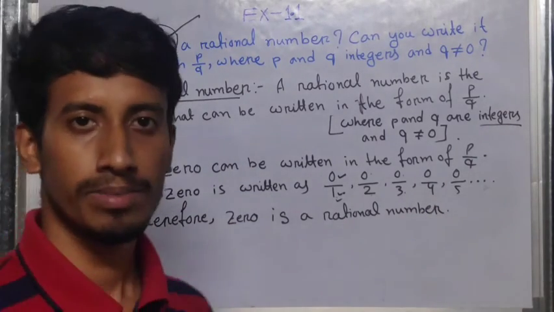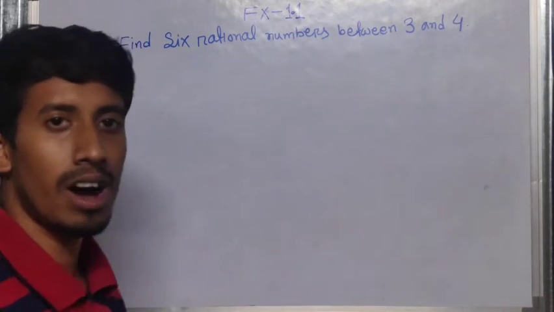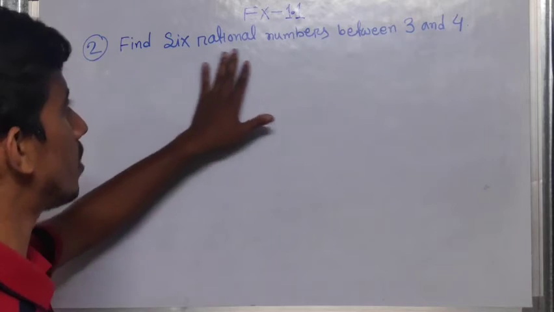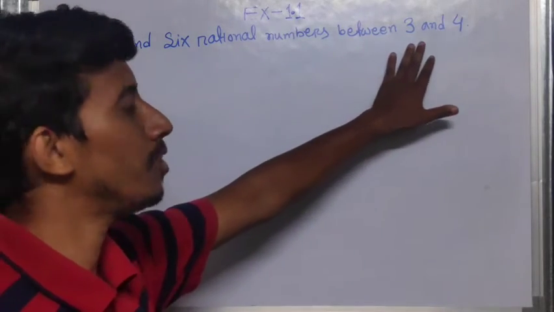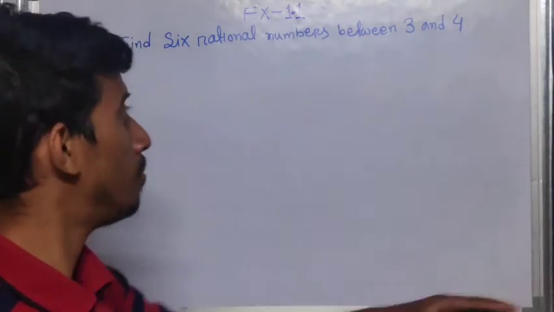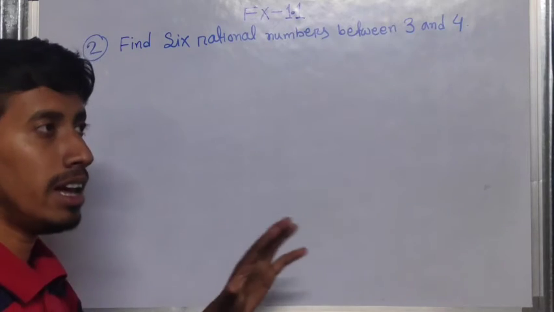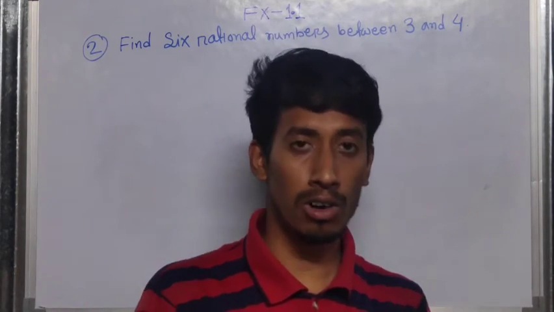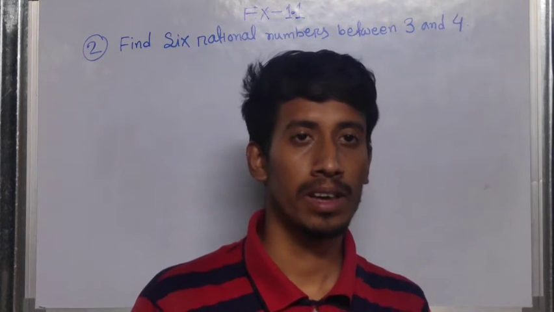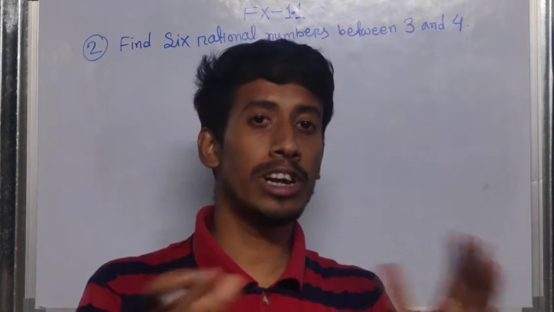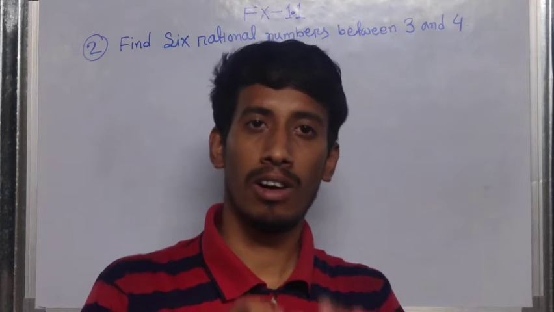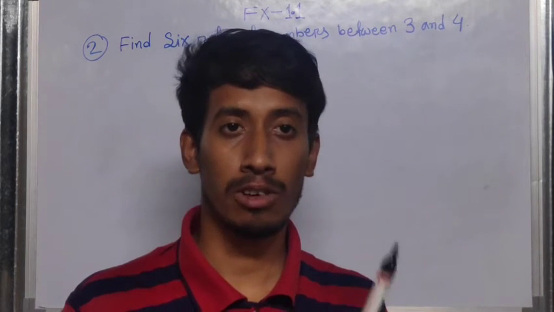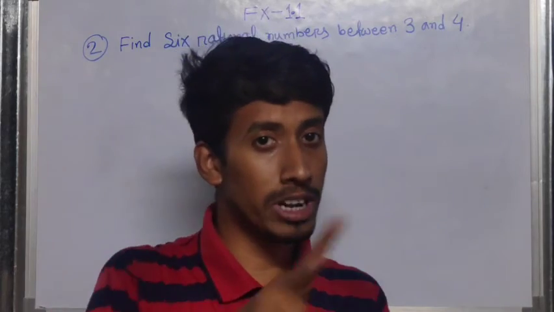Now students, our next question is: find 6 rational numbers between 3 and 4. Before we solve this question, you need to know one very important thing. Always remember that in between two rational numbers there are always infinitely many rational numbers.